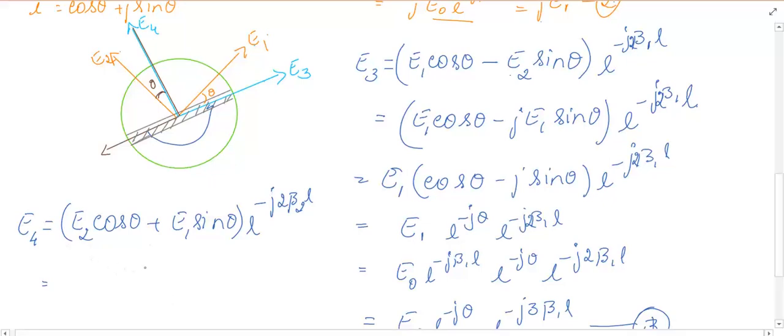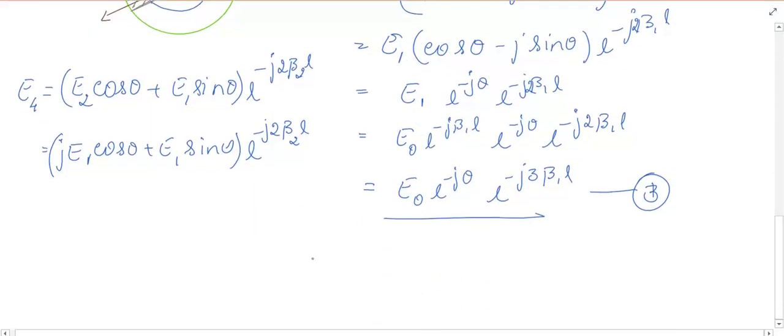So here I will just start the simplification, and you have to complete it. What is our E2? It is j into E1 cos theta plus E1 sin theta, then e to the power minus j 2 beta 2L. Now what further simplification do I have to do?